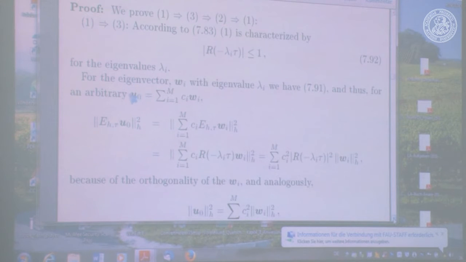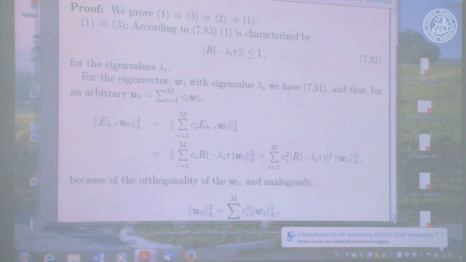So the operator goes through this sum here. And on the level of the eigenvalues, we have seen that for this modified matrix, w_i is an eigenvector, and the corresponding eigenvalue is now just given by this expression here.